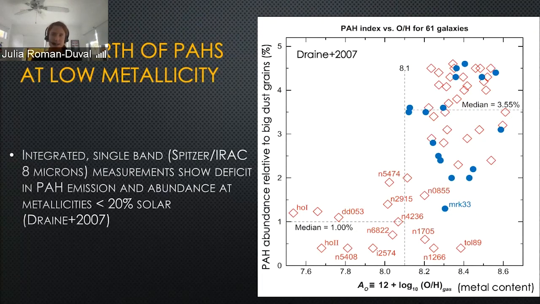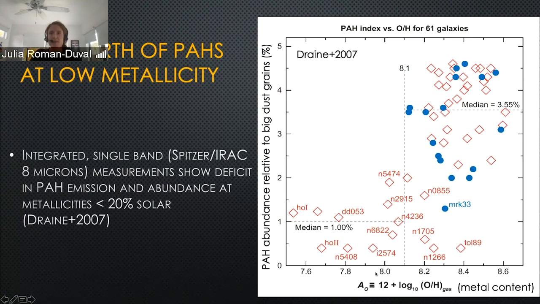low metallicity galaxies. You can see this on the plot here, which shows the abundance of PAHs relative to the big grains, which is the regular interstellar dust that shines in the far infrared, as a function of metal content in those galaxies.